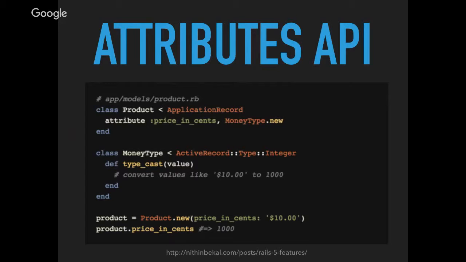So in this example, they have the cost with the dollar sign and a period, and you want to convert it to cents. You can add an attribute, and then add this money type. That'll cast it automatically for you. And I think there's a lot of internals that were optimized and changed there as well. So if you're interested, I have a link for that as well. Seems like that could be really useful.